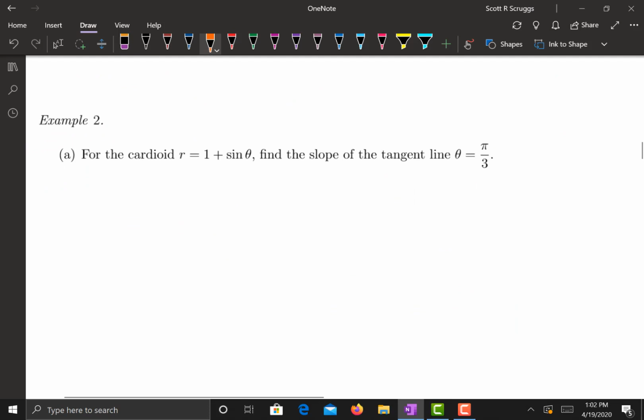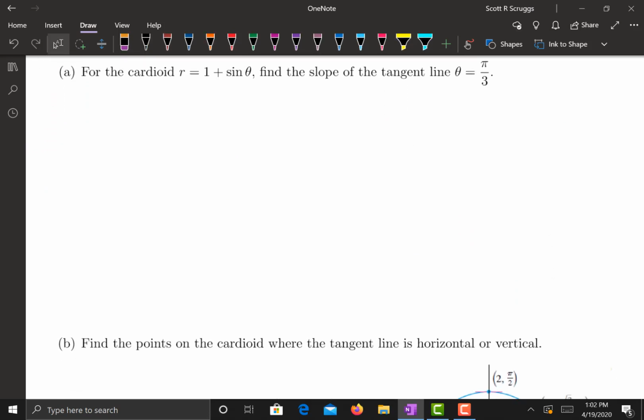Now let's do a little bit more involved example. And let's start off with finding the first derivative and find the slope of the tangent line at pi over 3. So first we're going to take the first derivative.